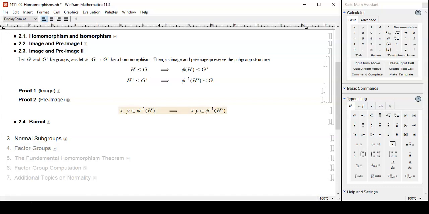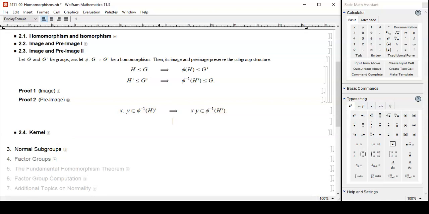That's what you have to prove. And then the identity and the inverse. Then X inverse belongs to the preimage. So we need to prove these three.